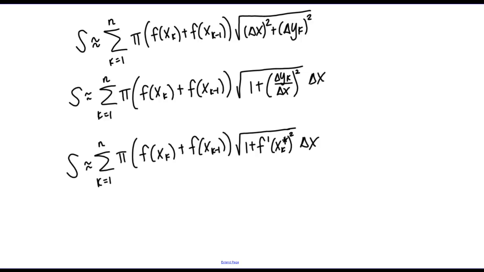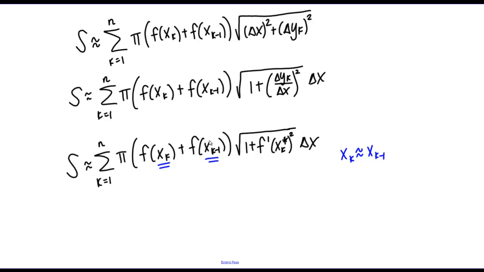And now I'm going to do a new little trick. Notice my x sub k and my x sub k minus 1 here. So if delta x is really small, that is, my subintervals are really, really small, these x values, x sub k and x sub k minus 1, are going to be really, really close to each other. So I could say then that x sub k is approximately equal to x sub k minus 1.